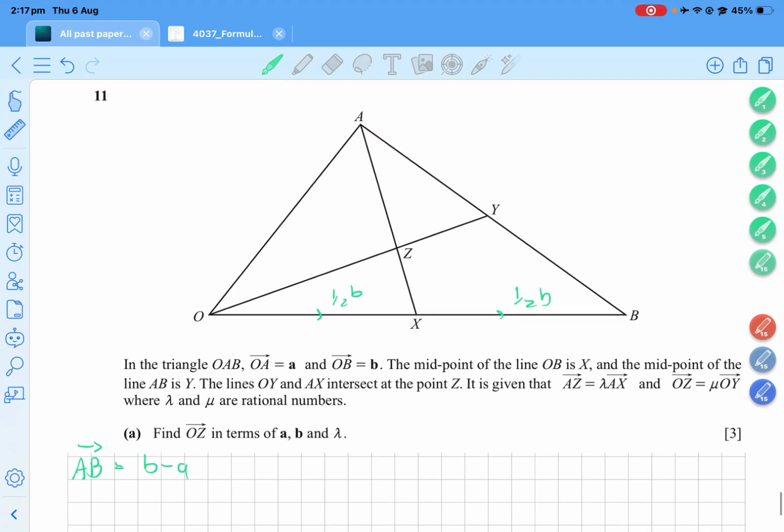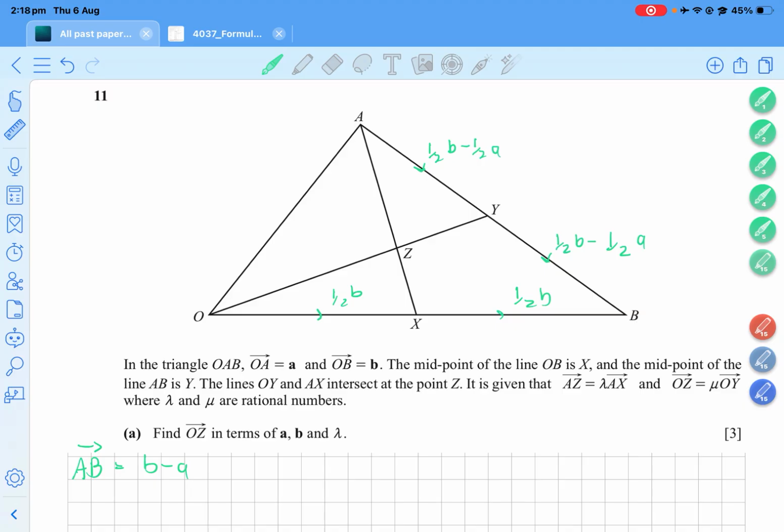So this is half B minus half A, and so is this half B minus half A. The lines OY and AX intersect at the point Z. It is given that AZ is lambda AX and OZ is lambda OY. So find OZ in terms of A, B and lambda.